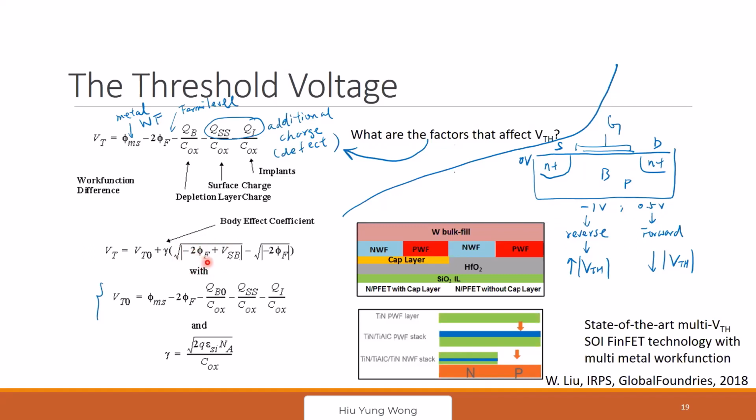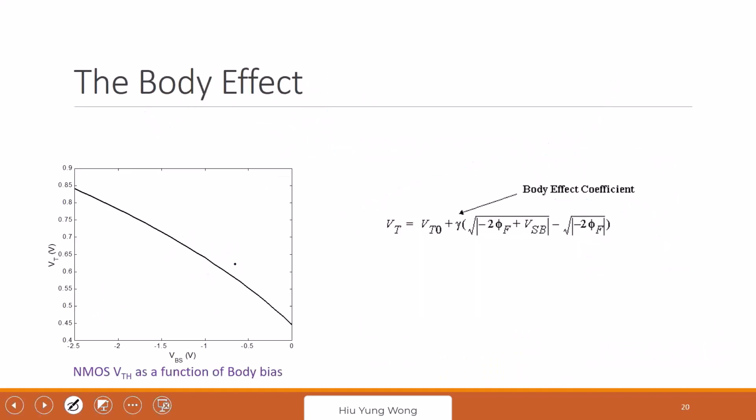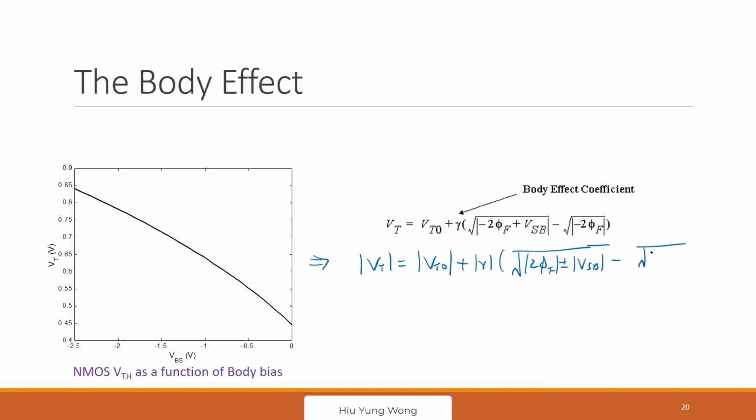What is the definition of phi f? Is it positive or negative? Because it's going to affect my result. What is VSB? Okay, so if I do that, even for PMOS, I would rather think of it in this way. VT equals VT0 plus gamma times square root of 2 phi f plus minus VSB minus square root of 2 phi f.